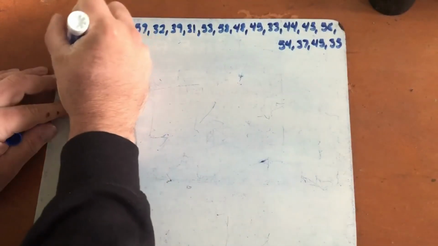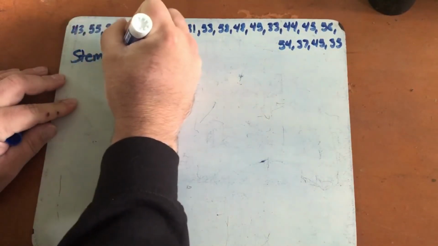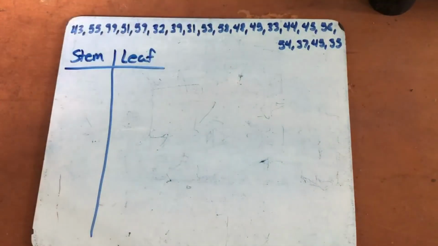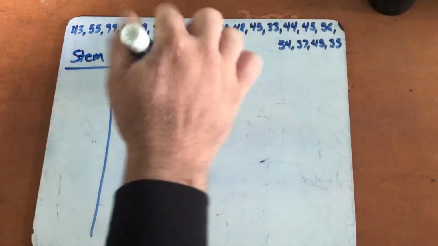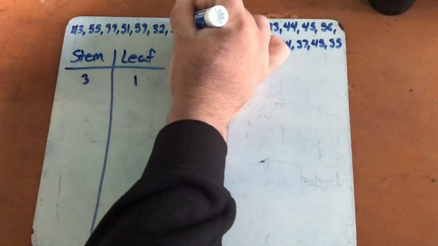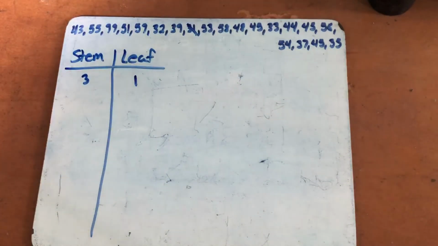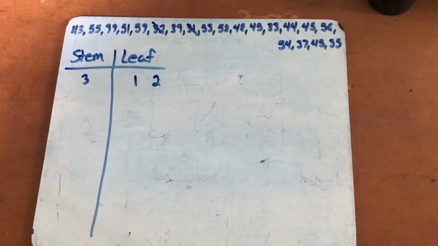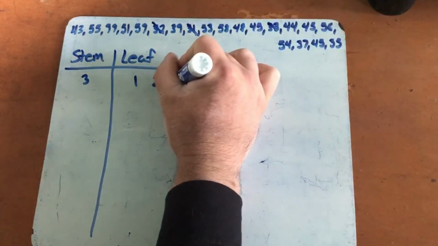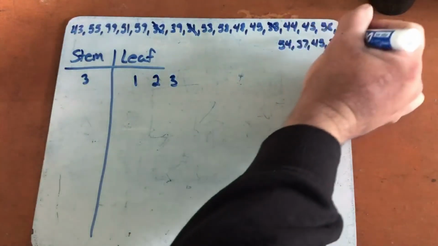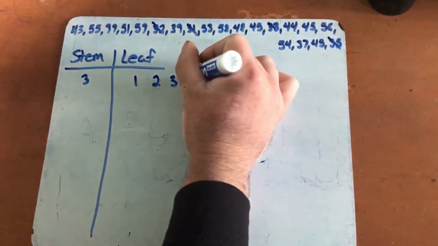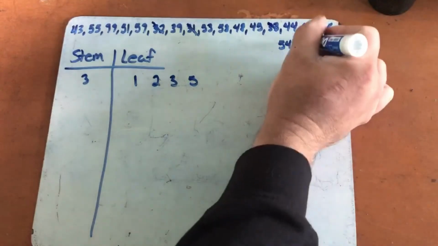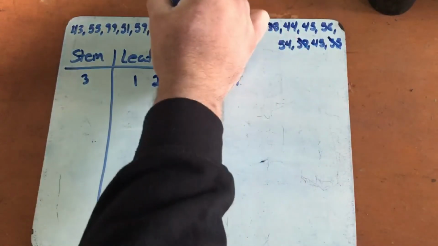All right, so first, I'm going to do the stem, and I'm going to do the leaf. To start off with, 31 is my smallest number, so that's 3, 1. So there's a 31, and then we got a 32, a 33, a 35, a 37, and a 39.